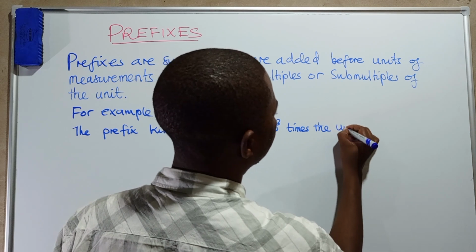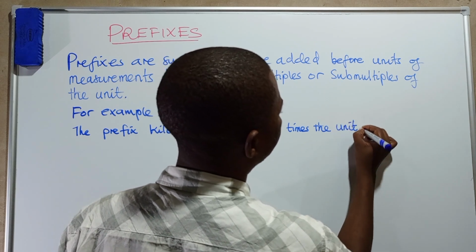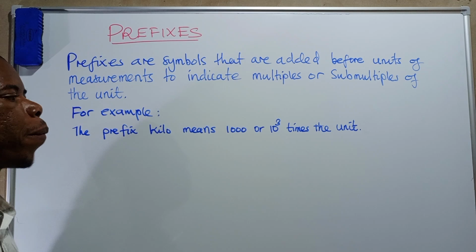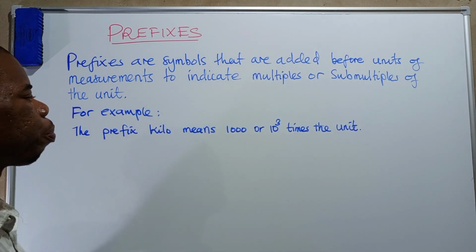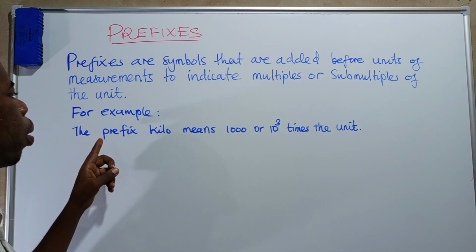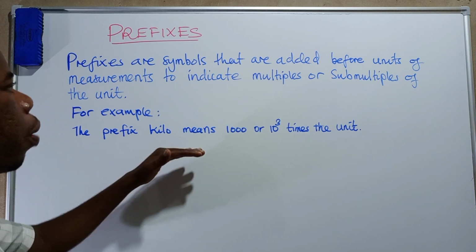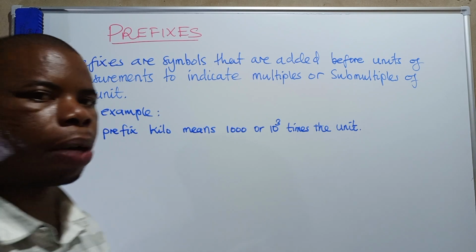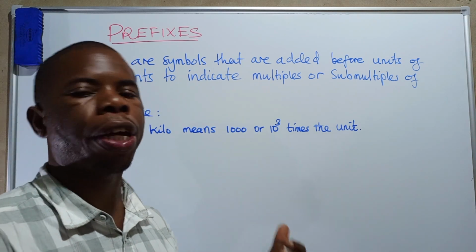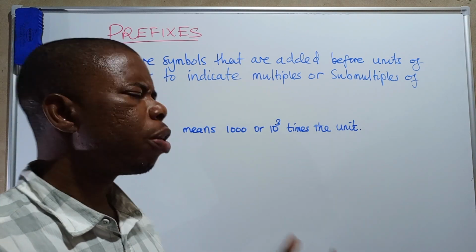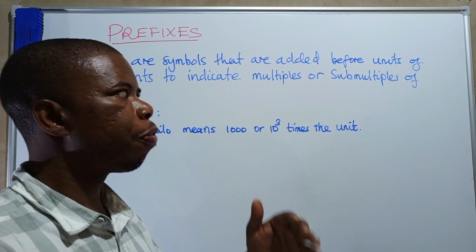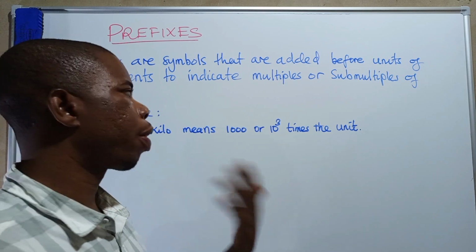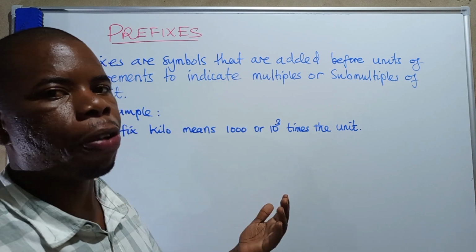What does this mean? Remember, there are units we read as 5 kilograms or 5 kilometers. The word that comes before the unit gram, for instance, is a prefix.